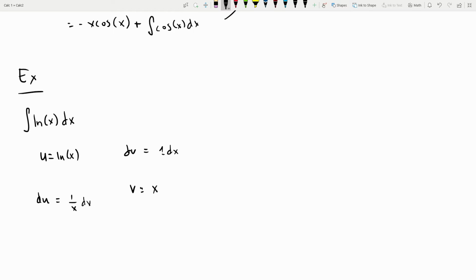And again, just to reiterate why we can't have dv right here being ln x, right? If we have dv is equal to ln of x dx, well, then we can say that dv over dx is equal to ln of x, right? And now we're saying that the derivative of some function is ln x.